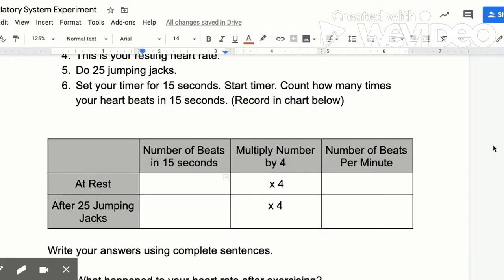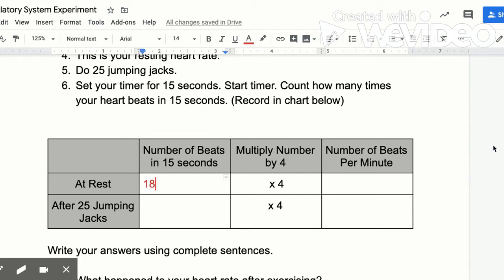I'm going to record that number in my chart on the Google Doc where it says at rest after 15 seconds. So you just found out your heartbeat after 15 seconds. So you're going to enter that number in this part of the chart. Then you're going to take that number and multiply it by 4. Again, I don't care if you do this by hand.